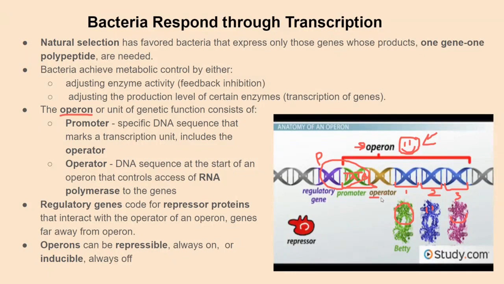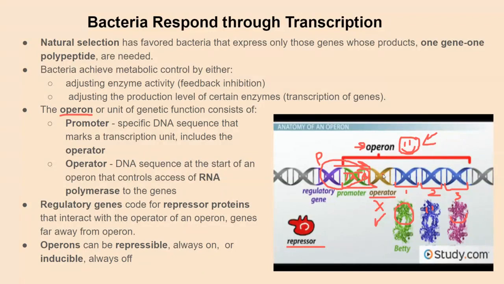The next section is going to be the operator. Now, this is a section of DNA where a repressor may or may not bind. If the repressor is bound, it will turn the gene off. If the repressor is not bound, it will turn the gene on. This polymerase is always going to be pushing forward, but if it runs into a repressor which is bound to this area, it will cause it to fall off.